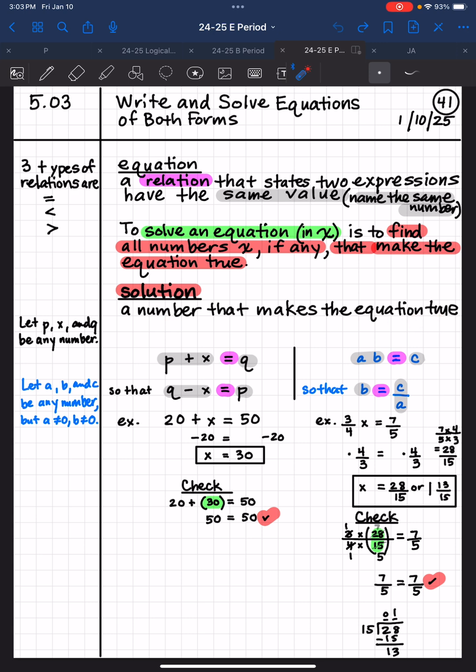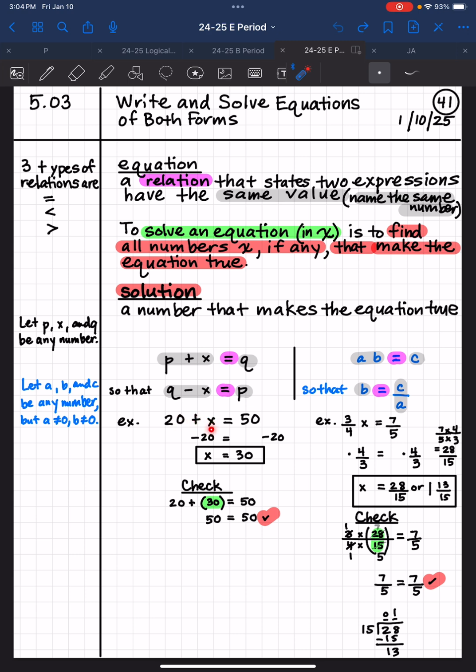So I'm starting with this equation right here, and my goal is to find out what number x is equal to, so that this expression, 20 plus x, and this expression, 50, both equal the same number, okay? So I'm going to go through a process so that I just find out what x is. Now, because these two expressions are equal to each other, we're going to assume that we know what this number x is.